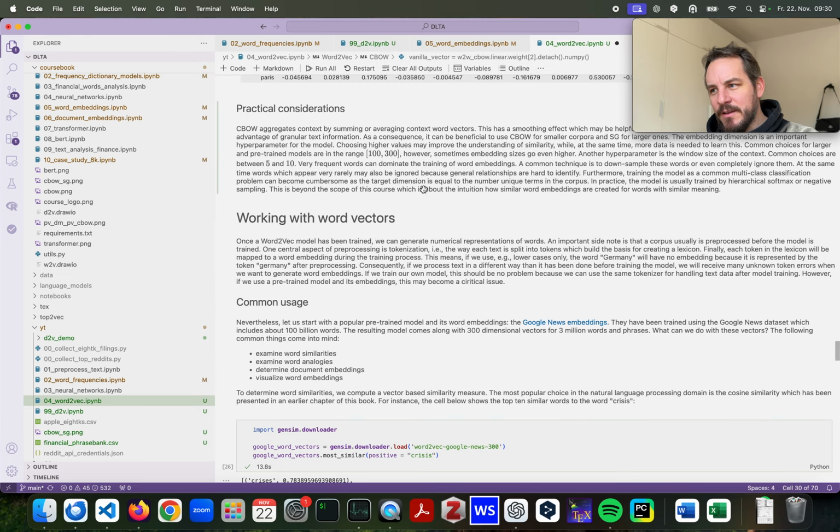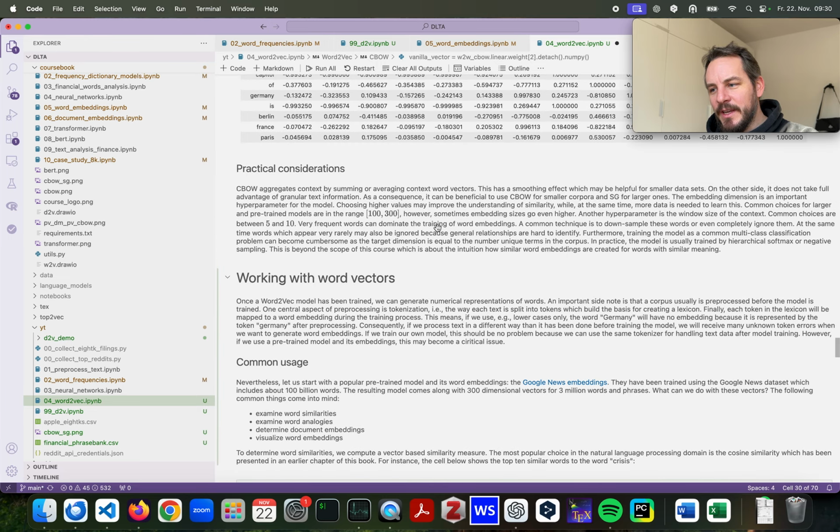Some practical considerations. Originally, and this is something that I think others can explain better, and in a broader picture it's not super important because this course is more about introducing the idea of word embeddings and not all details about the Word2Vec model, what we basically have, no matter if you have a continuous bag of words or a skipgram approach, is a multi-class classification prediction out of a neural network.